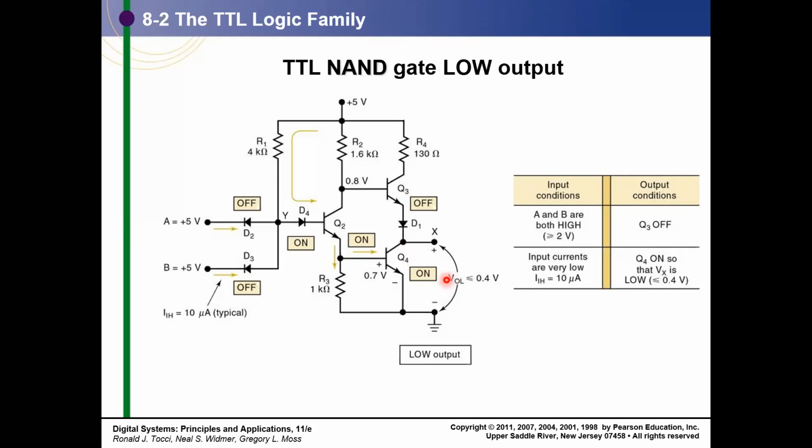So VOL reached is the VCE of this transistor. It says less than 0.4 volt, but it will be 0.2.